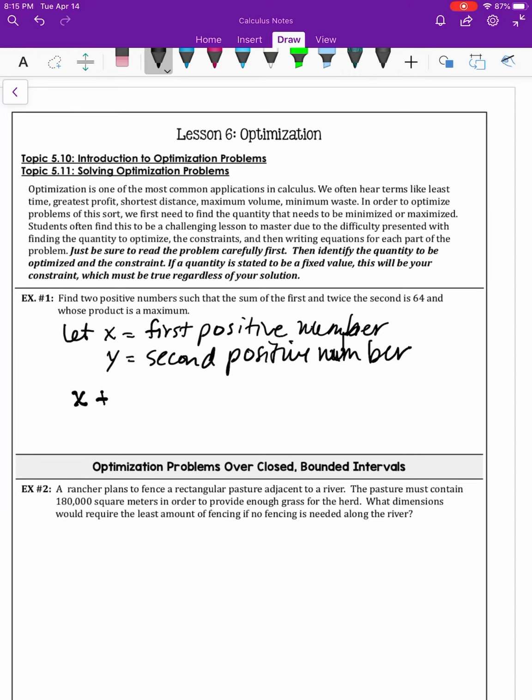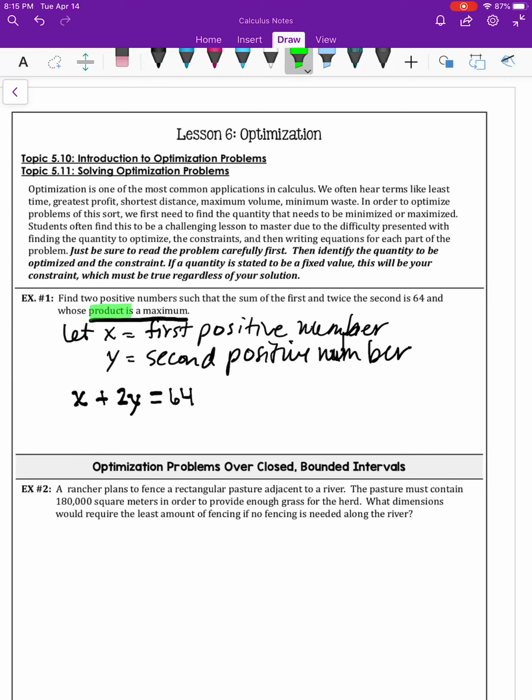And then our function, it says such that the sum of the first and twice the second is 64.